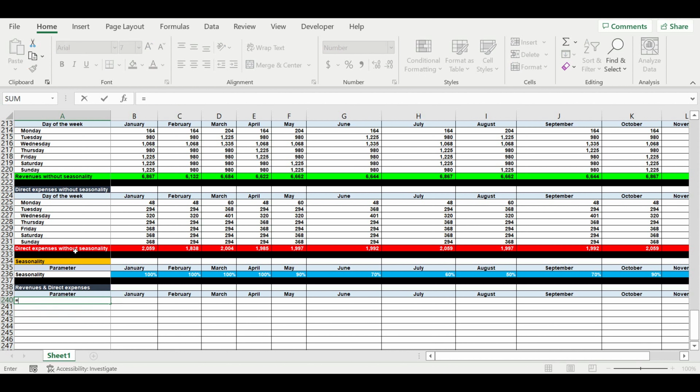Here will be revenues, here will be direct expenses.